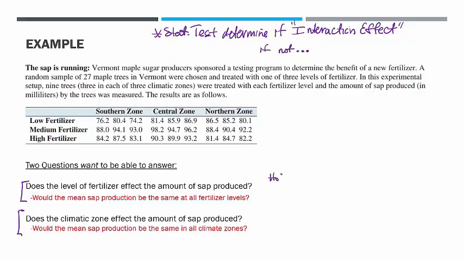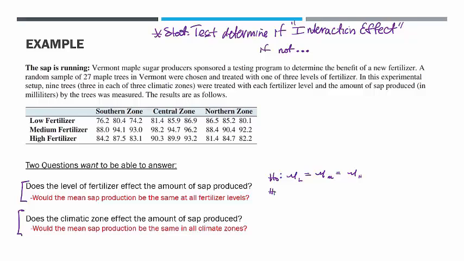So we would have a null hypothesis that the mean sap production at the low fertilizer is equal to the mean sap production of the medium fertilizer trees, which is equal to the mean for all trees treated with high fertilizer. Notice it's basically what a null hypothesis would look like in a one-way ANOVA.